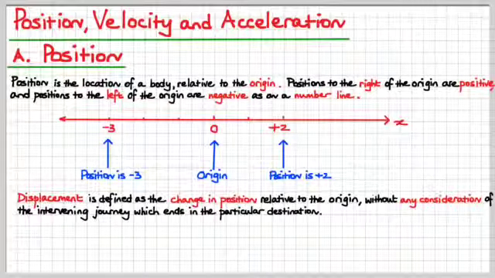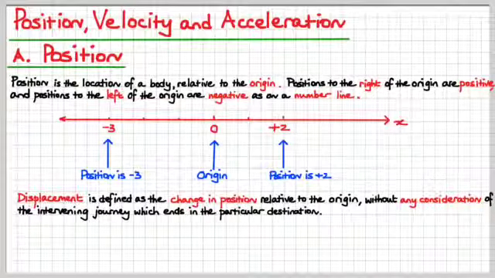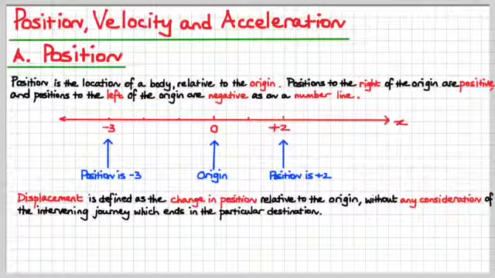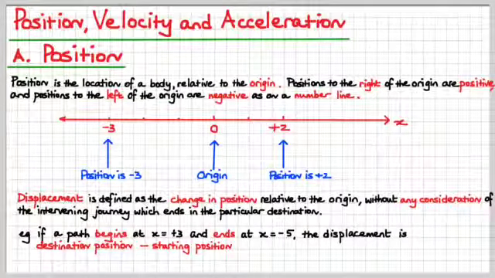Now displacement, now that we've got position sorted out, let's have a look at displacement. Displacement is defined as the change in position relative to the origin for any given journey without any consideration at all of what happens during the journey. Okay, so I'll demonstrate that in a moment.